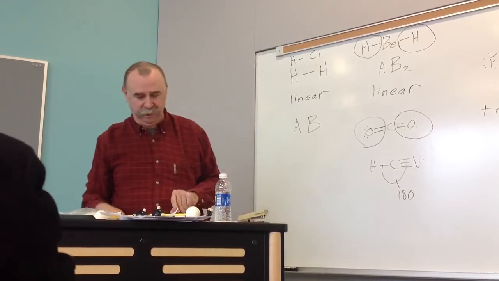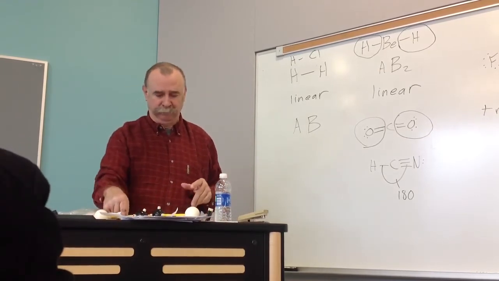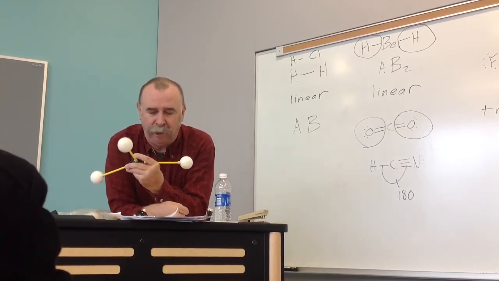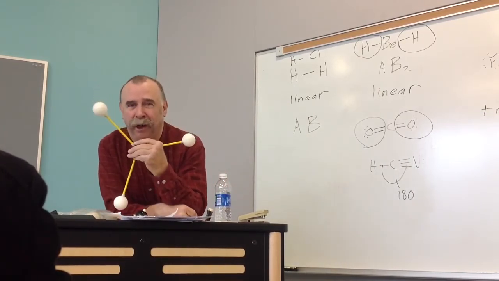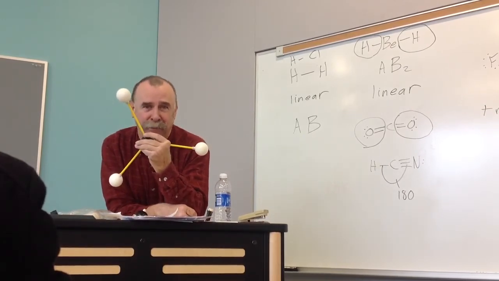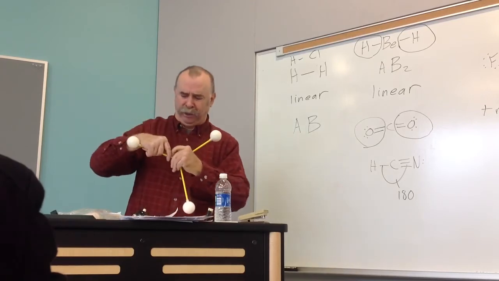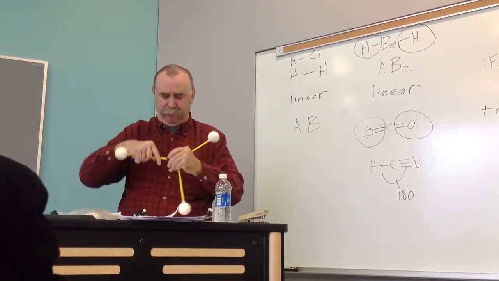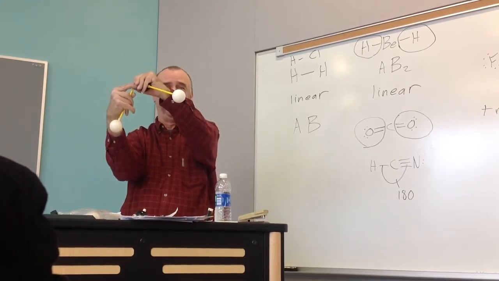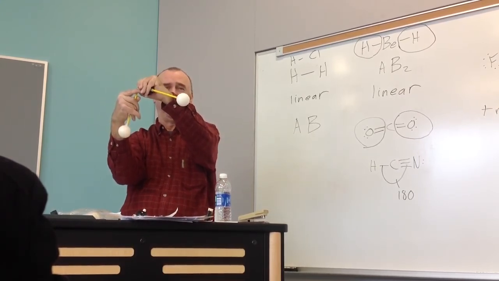Why don't we do that with the AB3? I want all of these to be as far apart as possible. For AB3, there isn't really a truly 3-dimensional shape that gets them any further apart. If I take one of these off and start bending it this way, isn't that just bringing it closer to what's already there?